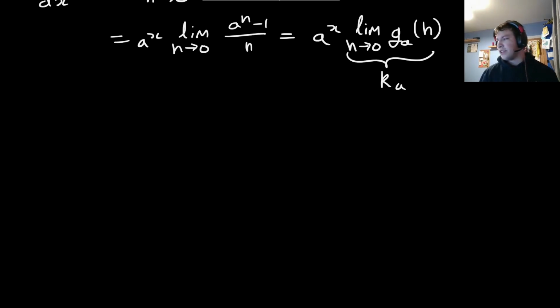So let's do a little bit of algebraic manipulation. First of all, we can look at g of 1 over a, x. So the limit as x goes to 0 of g of 1 over a, x.